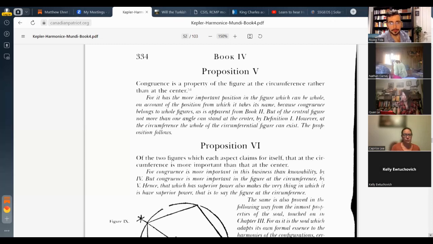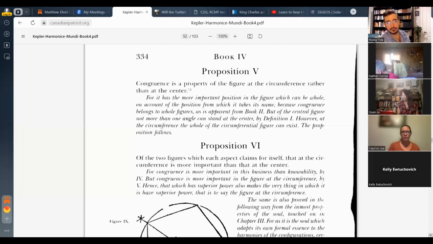This difference enables Kepler to justify the use of the hierarchy of polygons defined in terms of congruence as a means of determining the relative status of the aspects once he had shown in proposition 6 that the circumferential polygon is more important in the determination of the aspect, and in proposition 7 that for the circumferential polygon, congruence is more important than knowability.